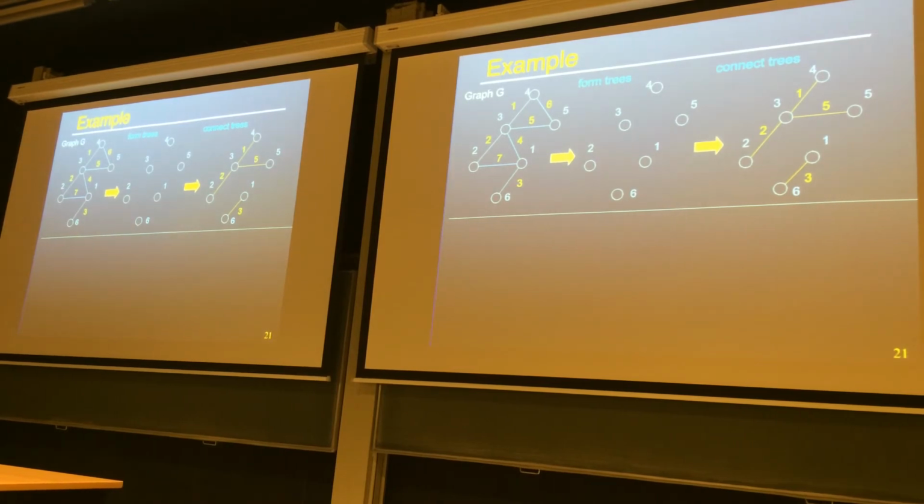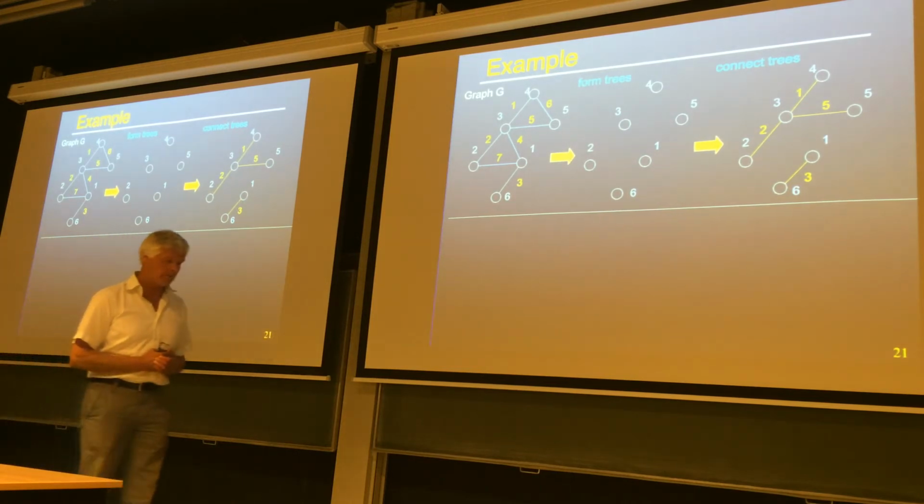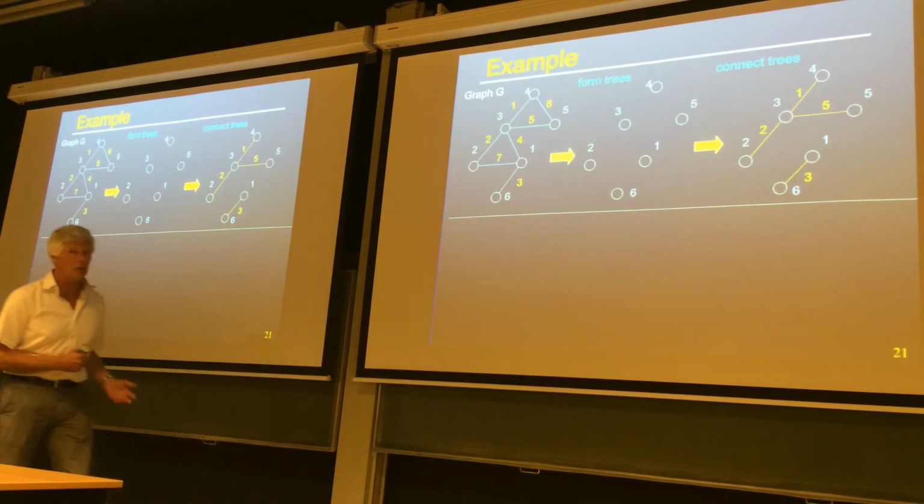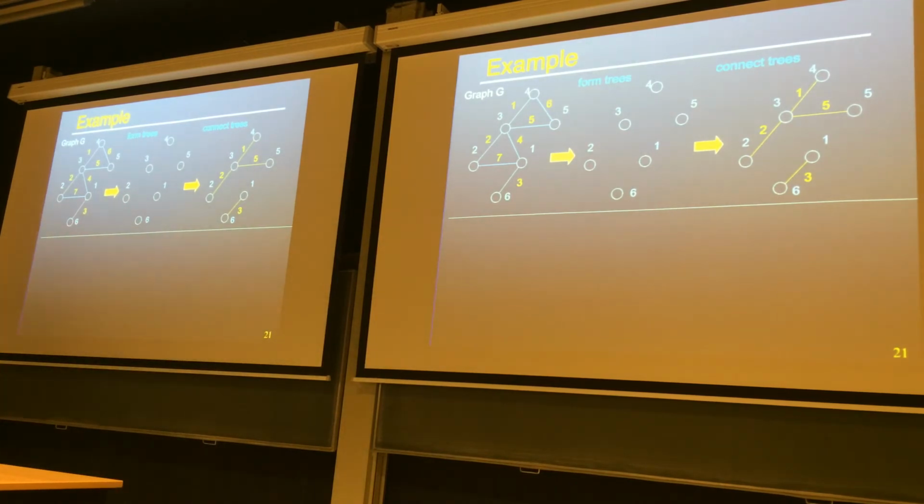Now, just to convince you that this time bound of log squared n can be easily obtained, note that in every merging step, the set of components is at least halved. Why? Well, you find, of course, for each component at least one edge that connects it to another component, and that means that this total resulting set will be merged.